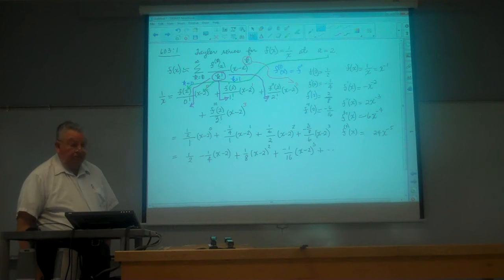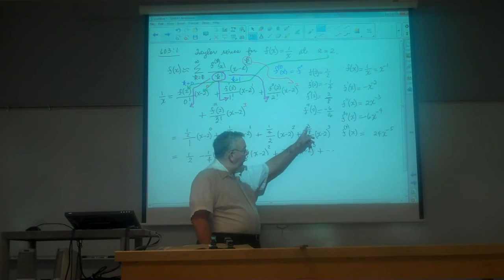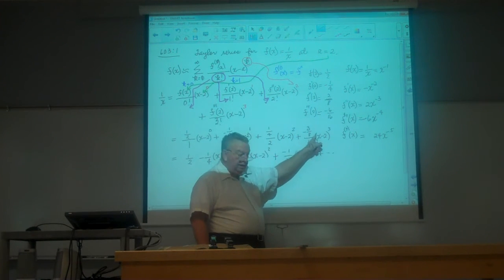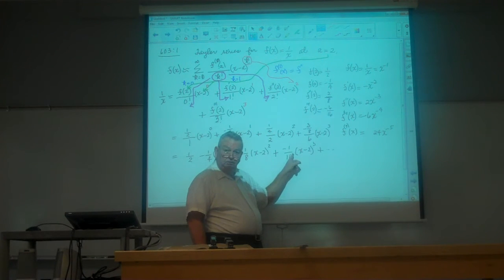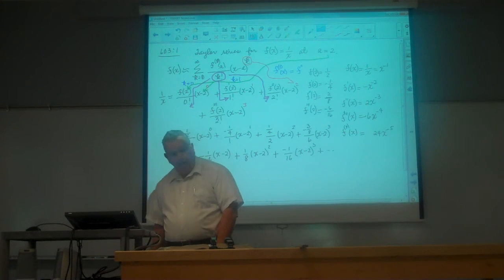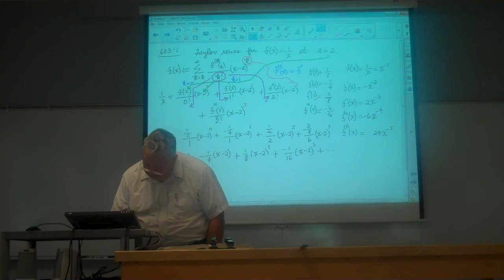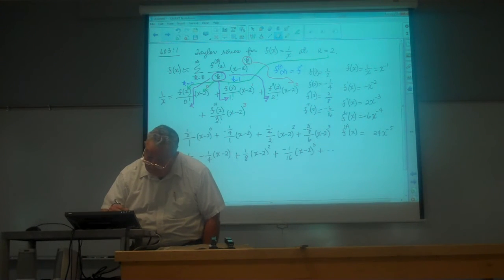Is that true? If you take that 6 and you multiply this by 1/6, then isn't it easy to see the minus 1/16? Everybody agree? So what I'm telling you is that 1 over x is approximately equal to this.